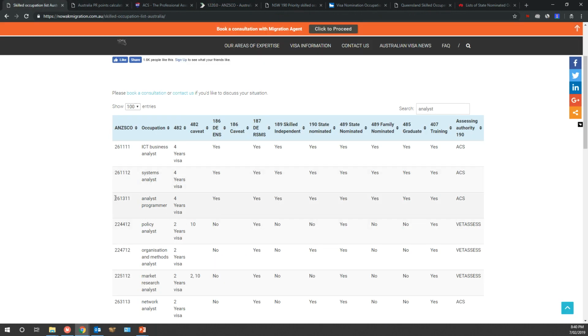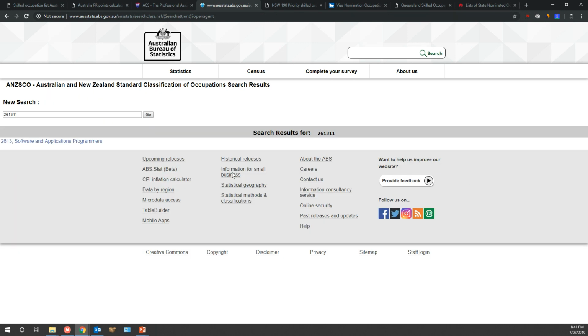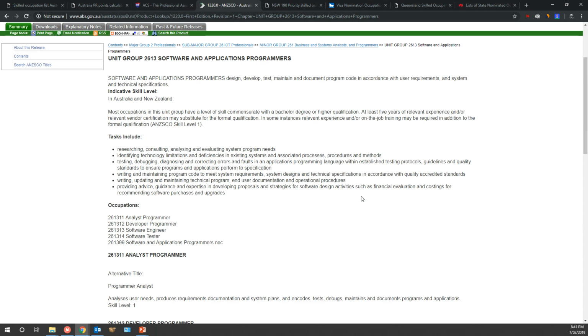Let's have a look at analyst programmer 261311. You mentioned that you could be analyst programmer or business analyst. See, these are two different groups. Interestingly, let's have a look at analyst programmer 261311. Let's go to ANZSCO. Search software and application programmers. Analyst programmer.